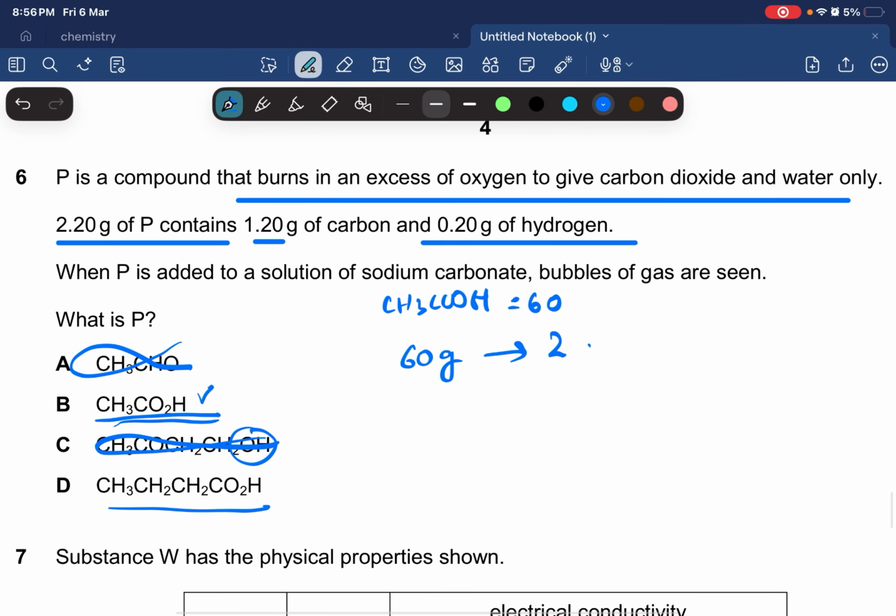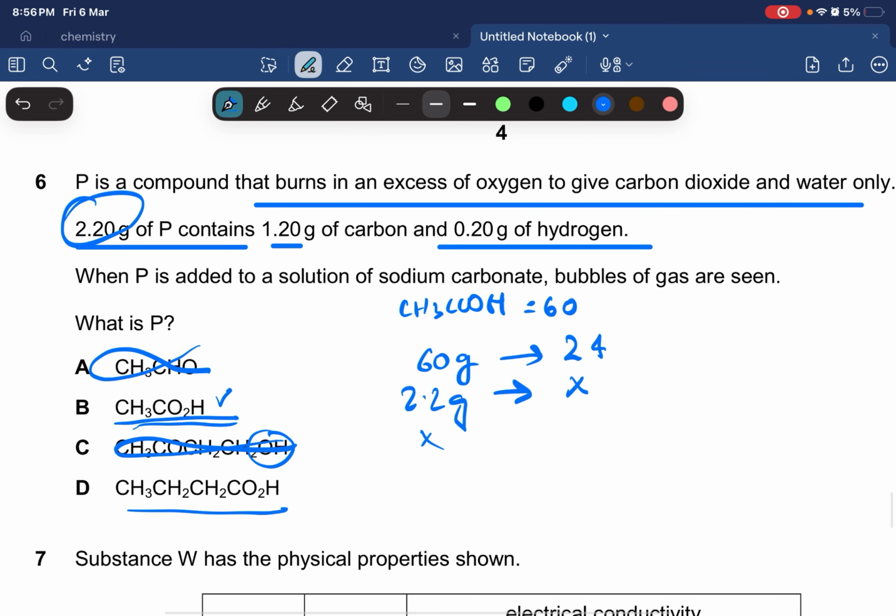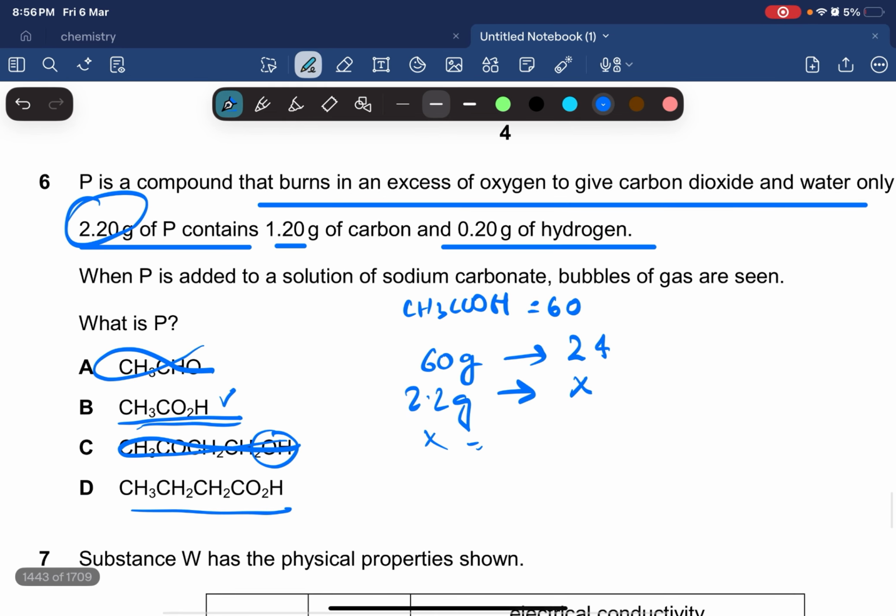That's 24. So if we have 2.2 grams of P, we have 2.2 grams of this. How many grams of carbon is it going to contain? X equals 24 times 2.2 divided by 60. It is going to contain 0.88 grams of carbon. Definitely not this, because this thing contains 1.2 grams. So that's incorrect. So we're gonna go with option D.